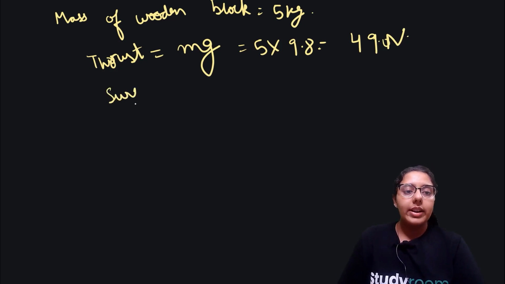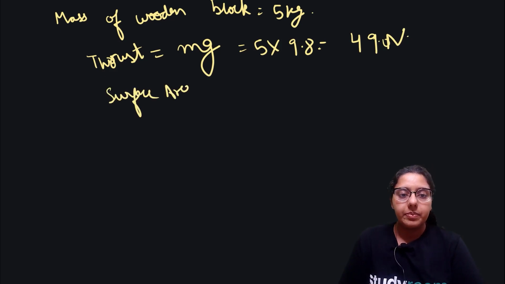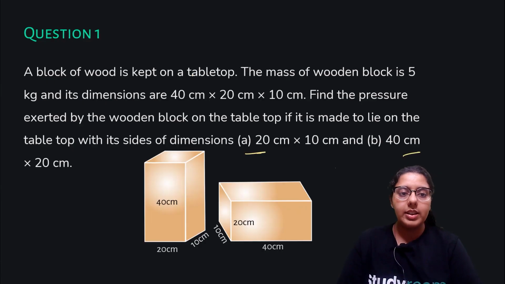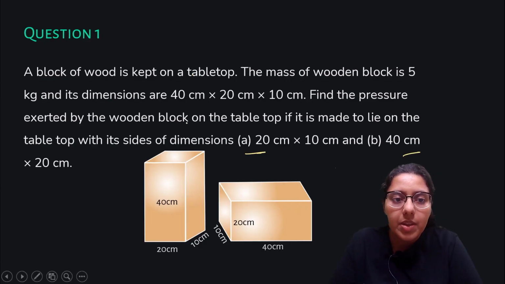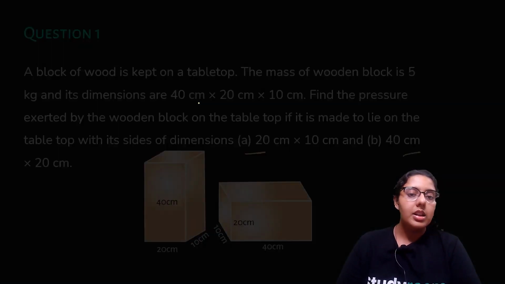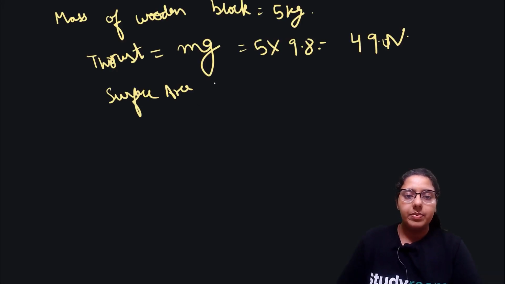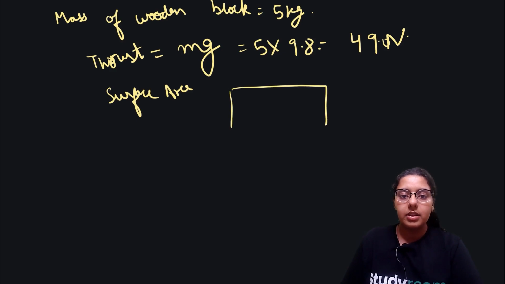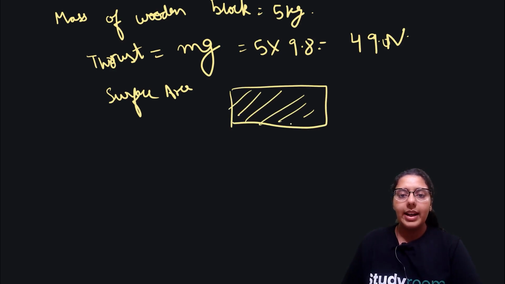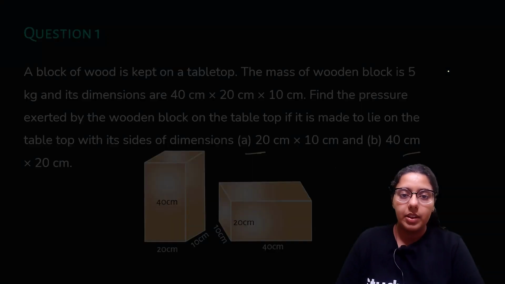Then you need to calculate the surface area. We'll just see how much surface area this was. We know the dimensions are 40 into 20 into 10. So what will be the surface area? Surface area will be this dimension, right? Surface area is 20 into 10.